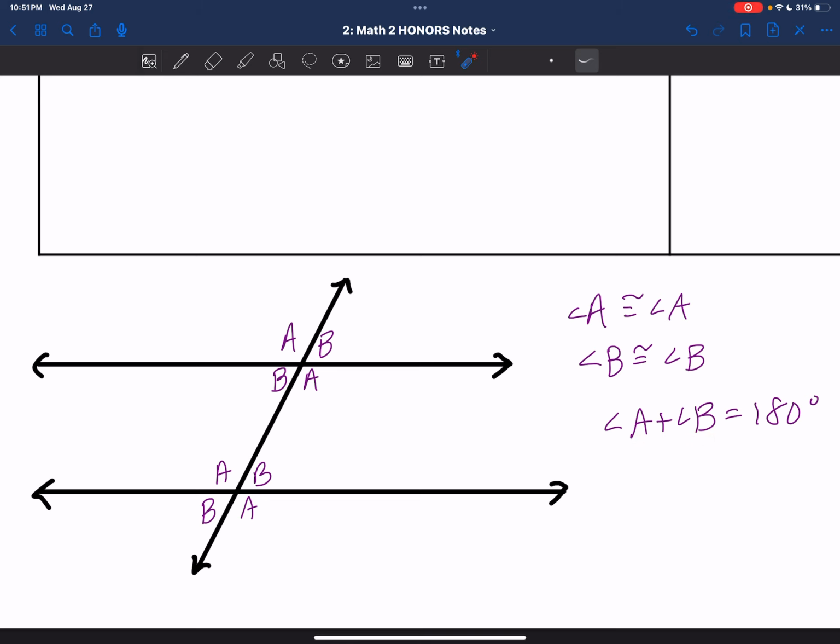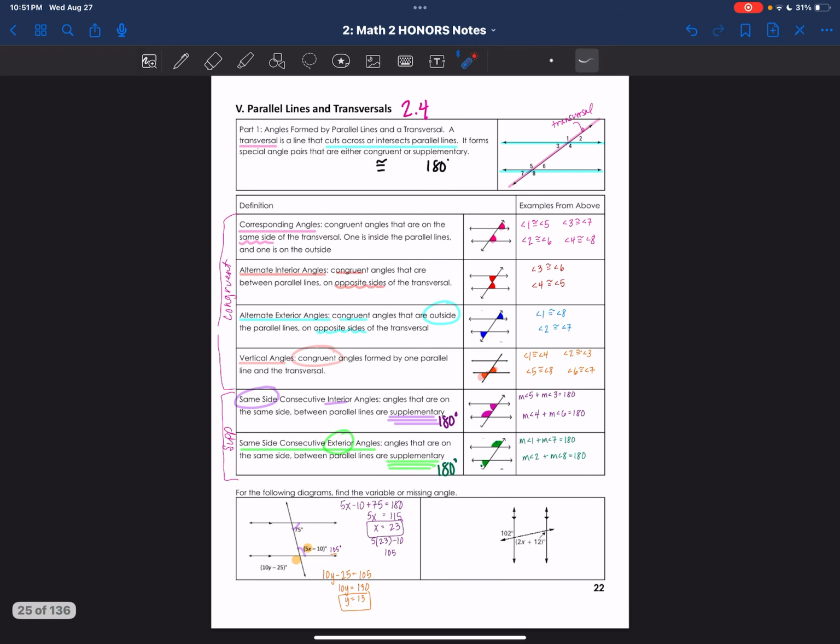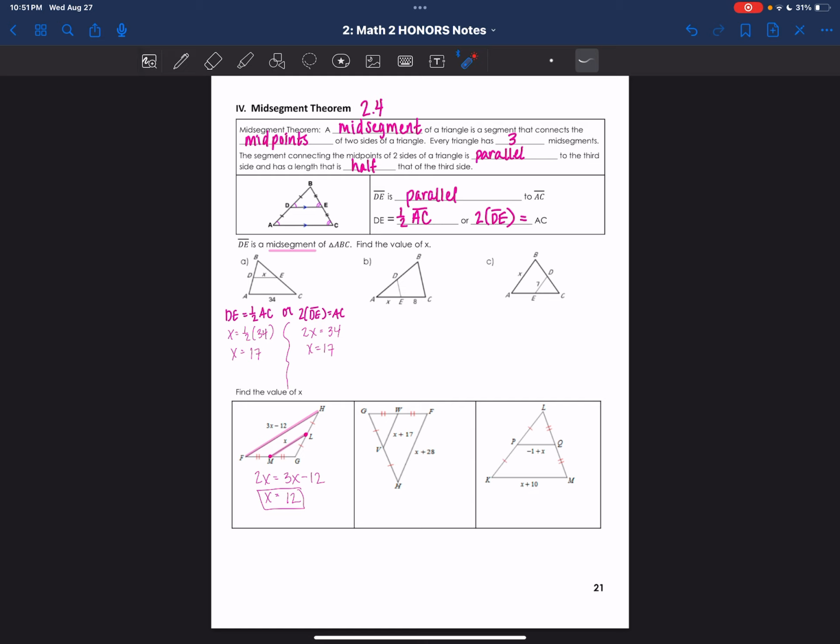So if you're just asked to solve, you can draw your own parallel line, and it doesn't matter which way the transversal goes, as long as you have alternating letters or whatever symbols you're using. So that way you know if it's the same letter, these are congruent, or if it's supplementary, like that. So here, this and that, those are equal to 180 because they're different letters. So go ahead, make sure you write this down on your paper as just something to help you remember. And then that is your parallel lines transversal and your mid-segment theorem.